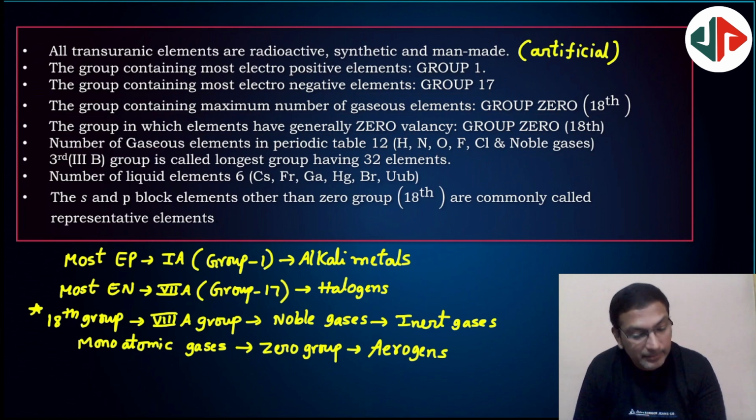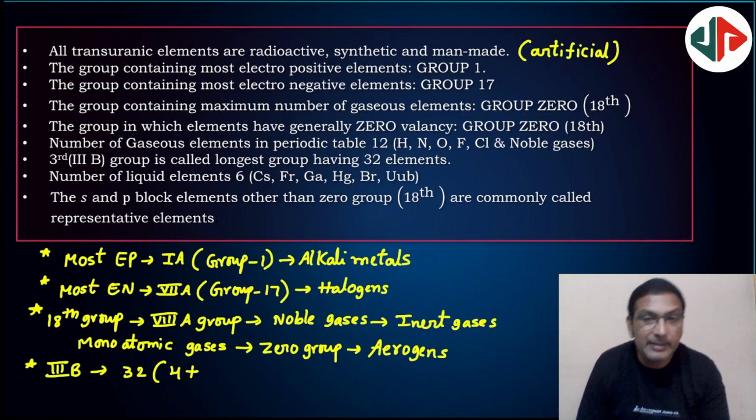Next. This is also very important. Third B group is called the longest group containing 32 elements. How 32? Already we have 4 elements: scandium, yttrium, lanthanum, actinium.